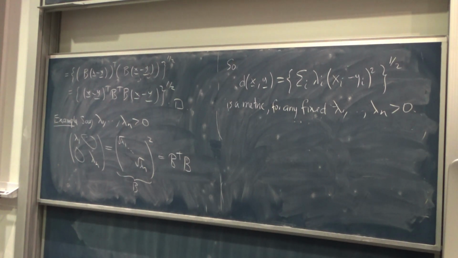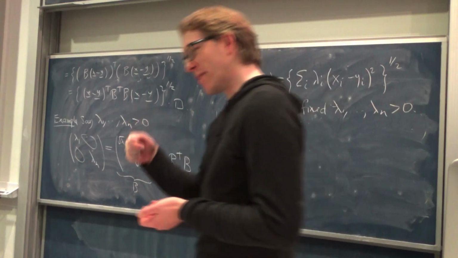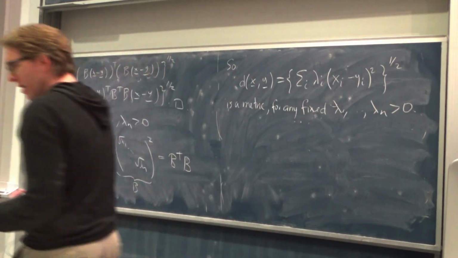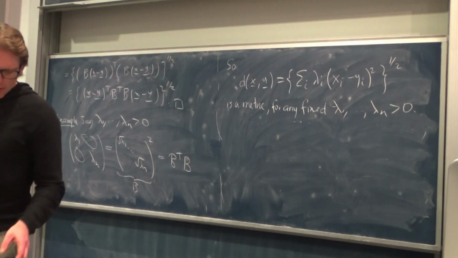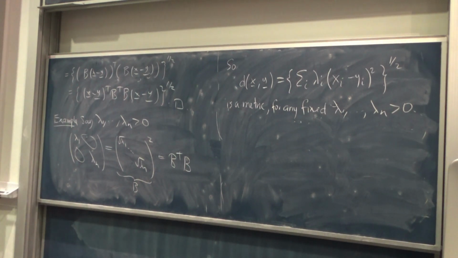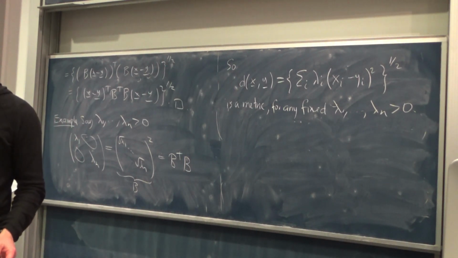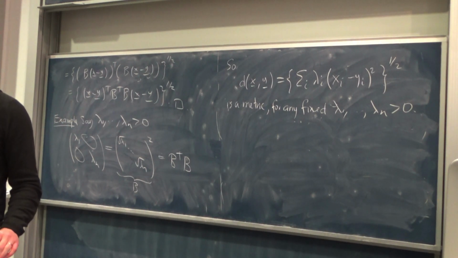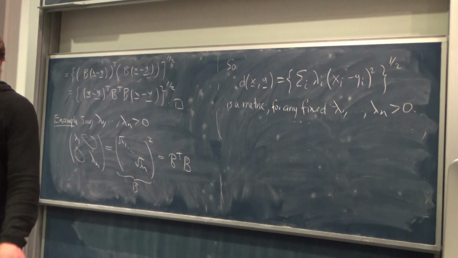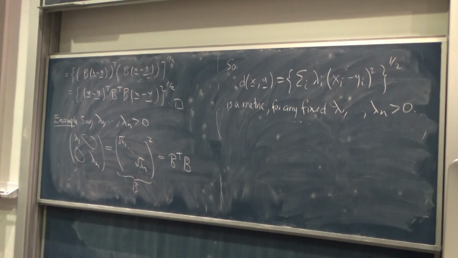So you're just sort of stretching the axes. If lambda_i is less than 1, then what are you doing? If lambda_i is less than 1, it corresponds to stretching your measuring stick, so that you assign a smaller distance to a fixed interval. And vice versa, if lambda_i is greater than 1, then you're shrinking your measuring stick. Okay, so that's a new example of a metric.